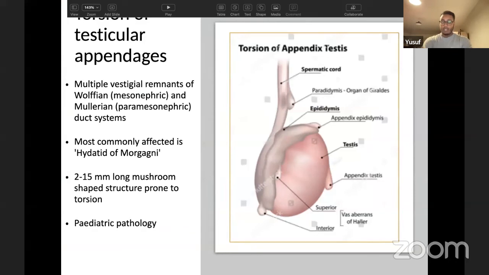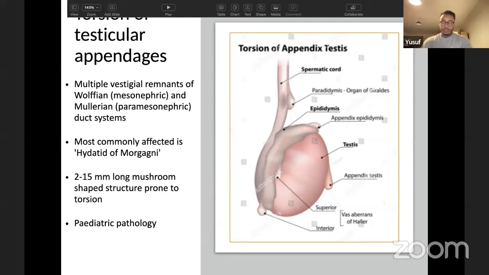And the most commonly affected is the hydatid morgagni, which is thought to be the embryological remnant of what would have developed into the fallopian tube in the boy before they became a boy, essentially. And it's a 2 to 15 millimeter long mushroom-shaped structure, which is prone to torsion.